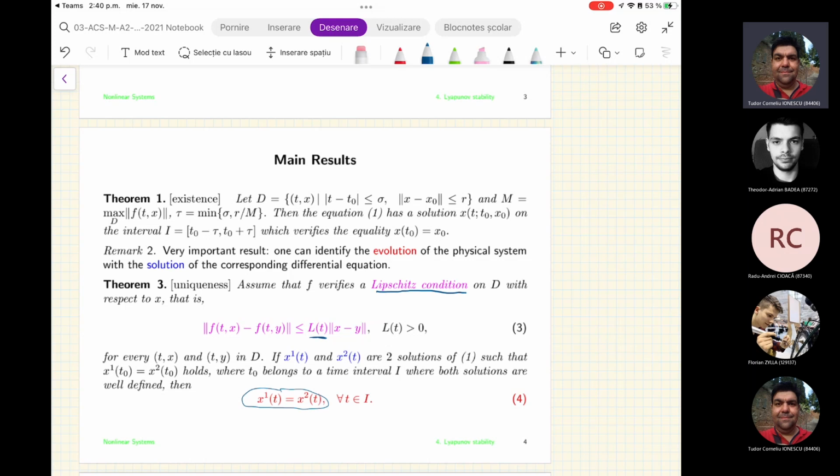Typically the solution of the differential equation is the same if you start from the same initial conditions. So the solution is unique, local, again a local result, both existence and uniqueness. We cannot give global results, but we can have local results.